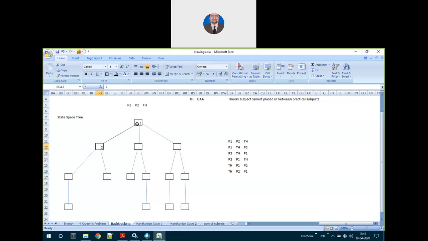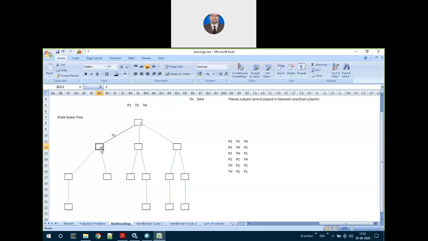This traversal is the depth first search, and this edge I will denote as the P1 subject. It means that in the timetable, the first hour I will assign to the P1 subject. From the first node I entered the second node, so in the next level I am going over here.